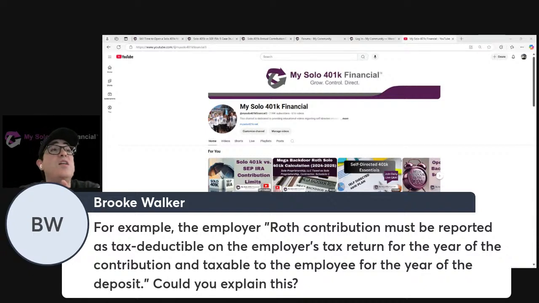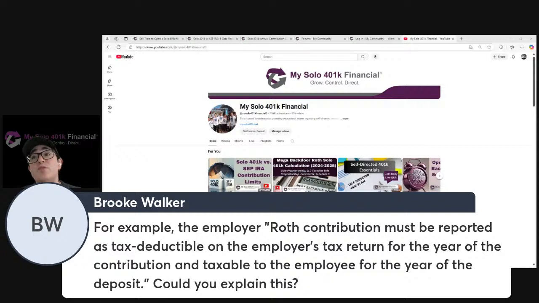The IRS didn't answer that question until almost a year after the law was enacted, with IRS Notice 2024-2, where they clarify that employer contributions are still going to be reported as tax deductible. So it's still going to be a deductible expense on the employer's return, and it's deductible for the year for which the contribution is made.